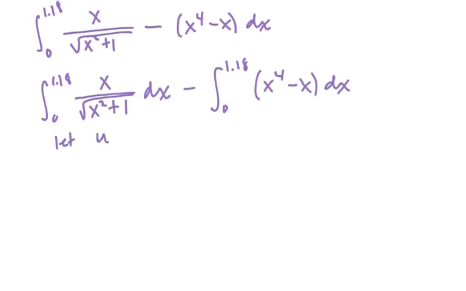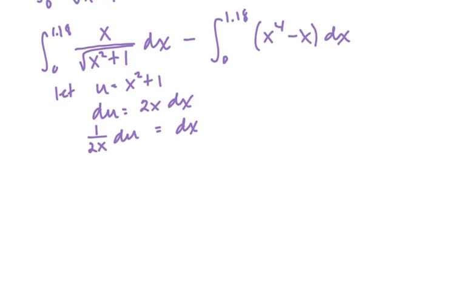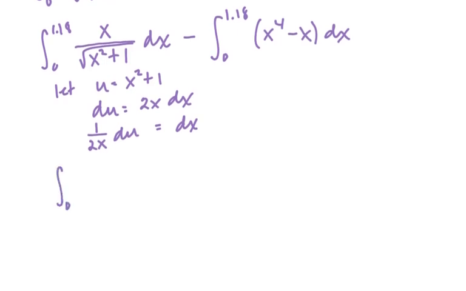So let's let u be x squared plus 1. So du is 2x, and the derivative of 1 is 0, so we just have dx. So dx is 1 over 2x du. So now we can rewrite this, the integral from 0 to 1.18.